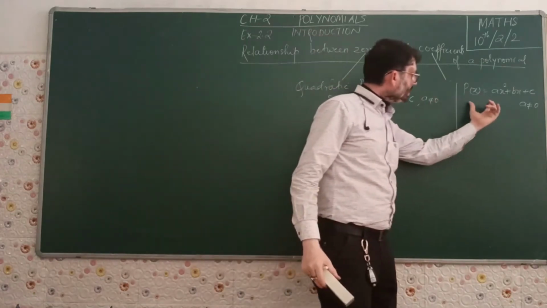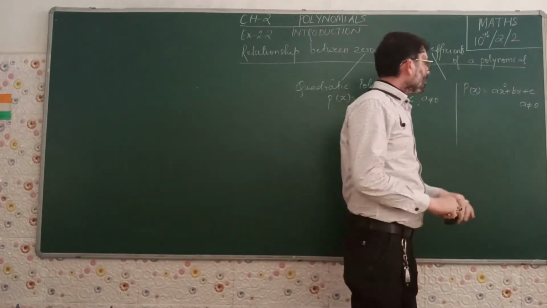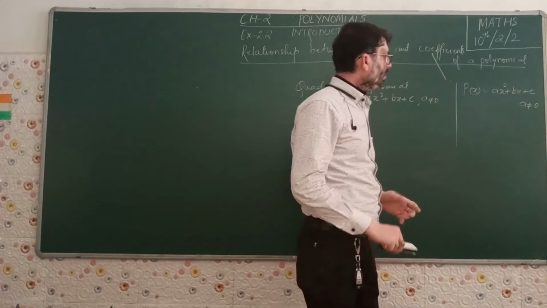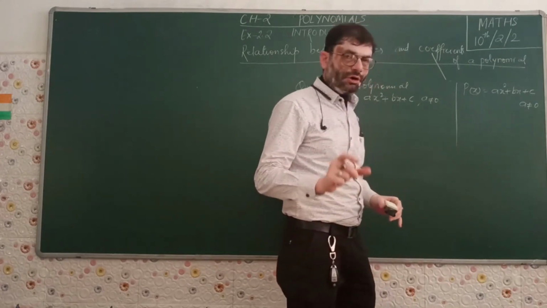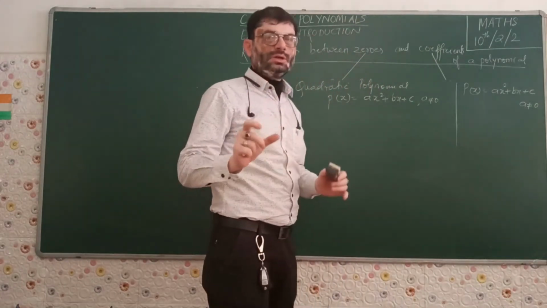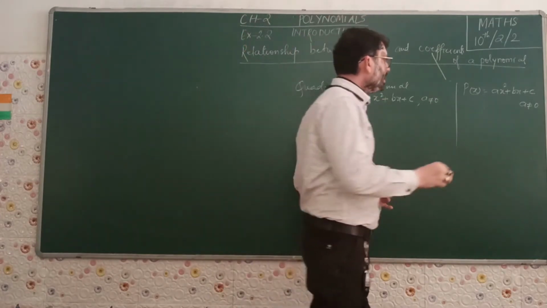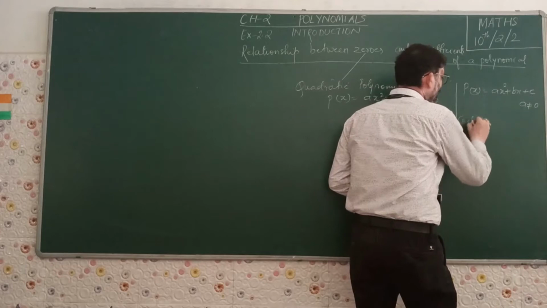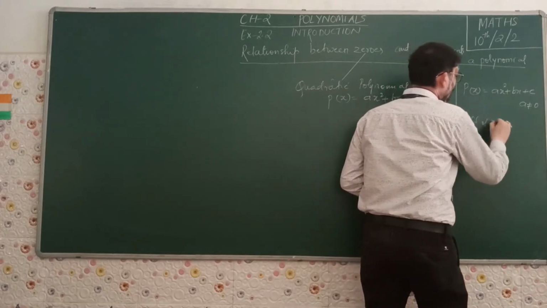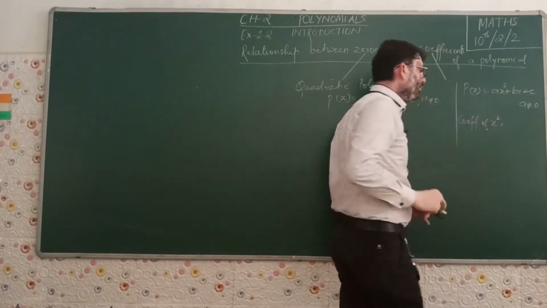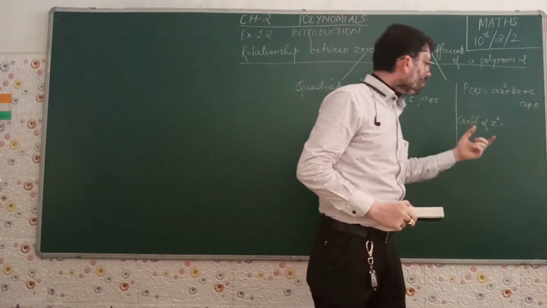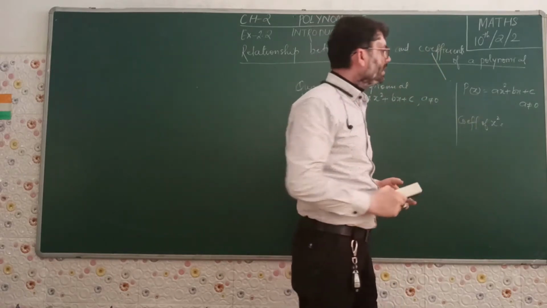Now, as we have discussed in the linear polynomial also, coefficient of the variable means that constant value which comes with that variable. Here, if you want to say coefficient of x squared, then what is the coefficient of x squared? That constant value which is with the x squared.